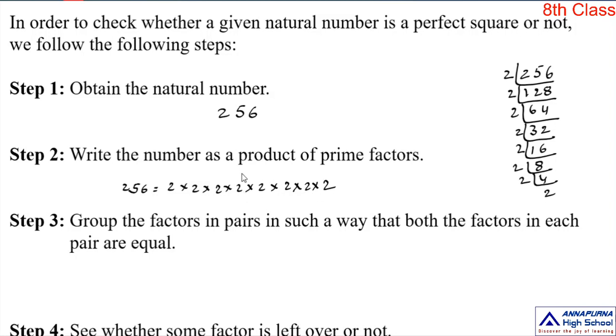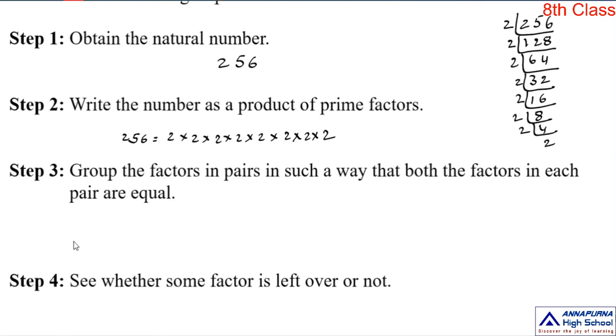Okay, now come to step 3. Group the factors in pairs in such a way that both the factors in each pair are equal. Here I am writing that prime factorization again.